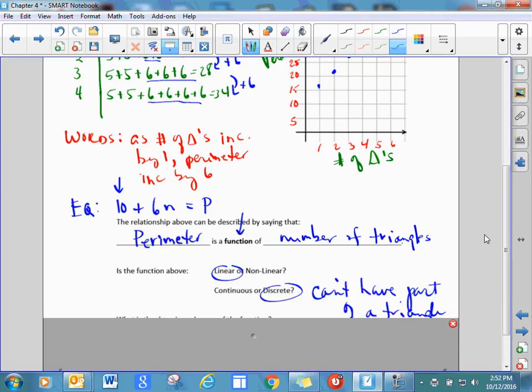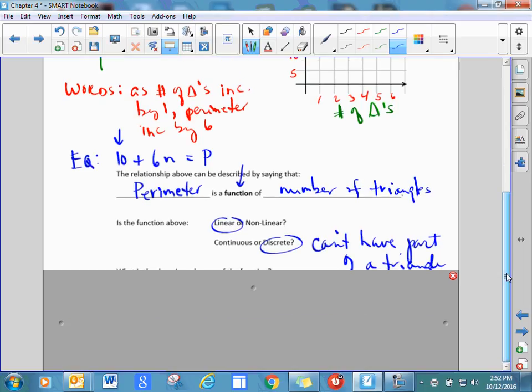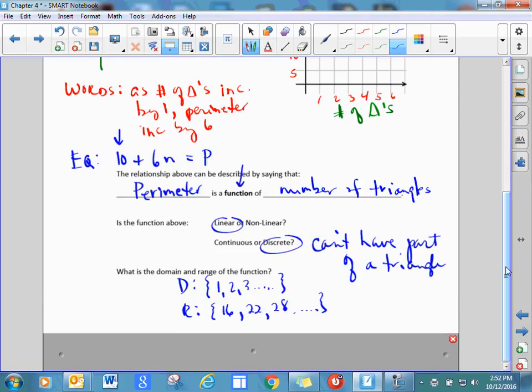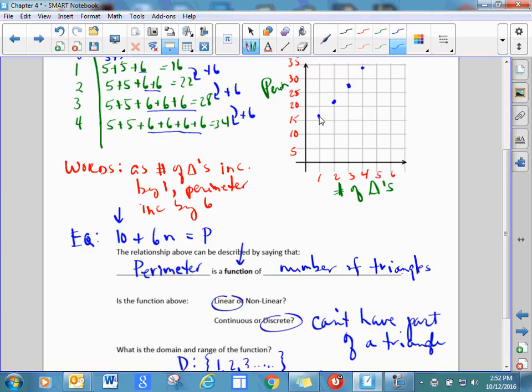And now when we write our domain and our range, we are actually going to have individual points. So the domain is just 1, 2, 3, dot, dot, dot, all the way up to however many triangles we want to add in our pattern. And the range starts at 16 because the first perimeter is 16.